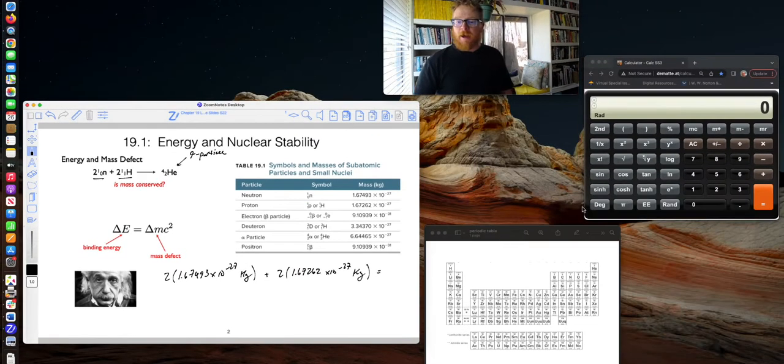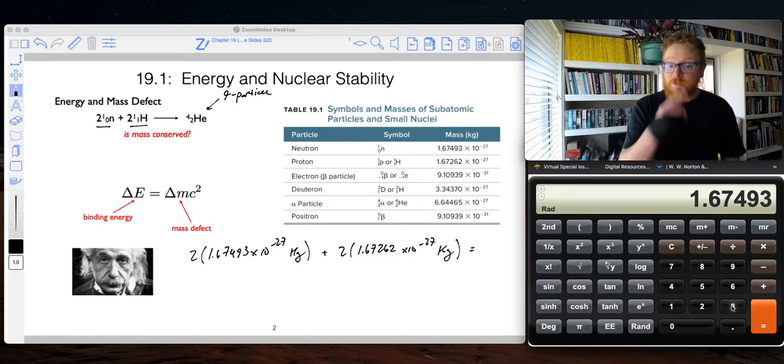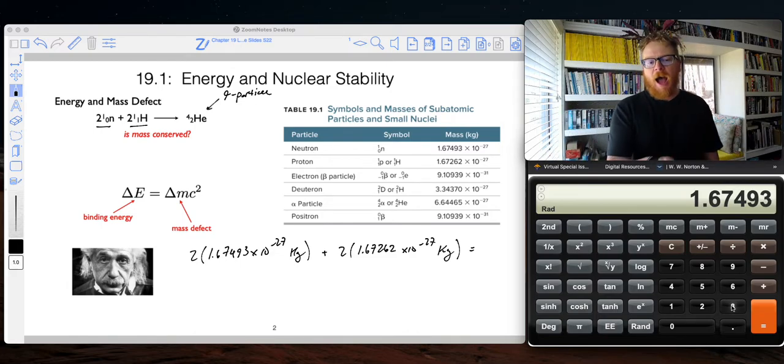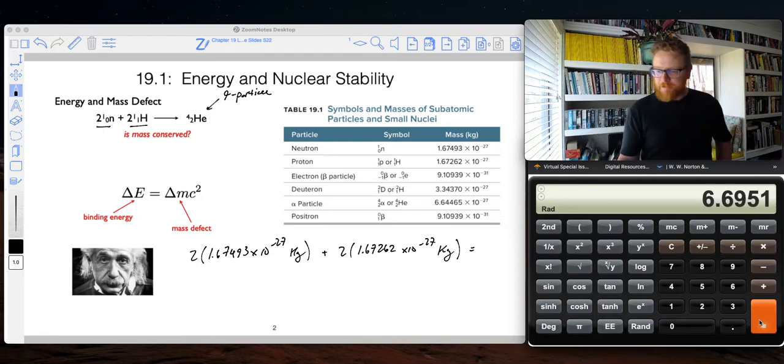Let's add that up on my calculator. 1.67493, and since all of this is times 10 to the minus 27, I'll add that in later. Times 2 equals, then plus 1.67262 times 2 equals.